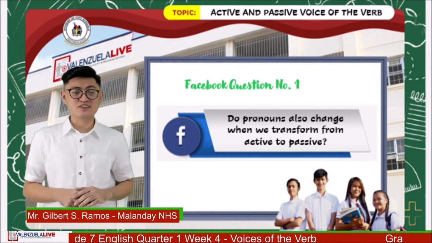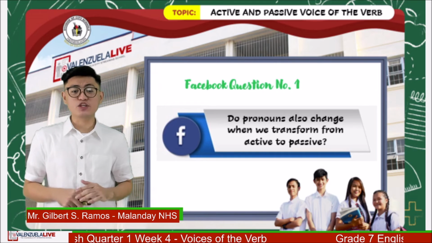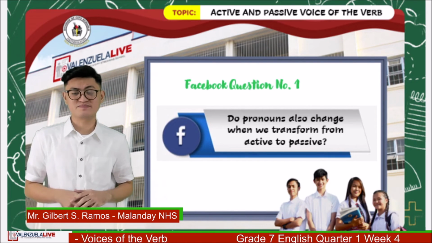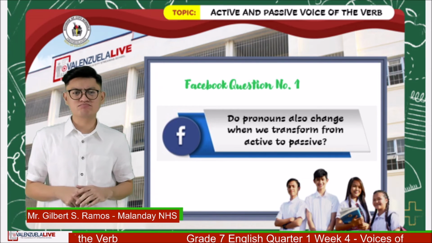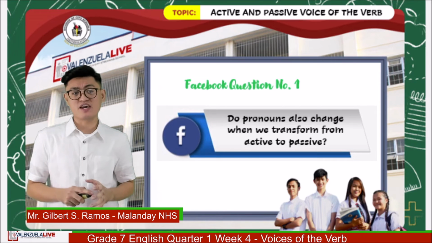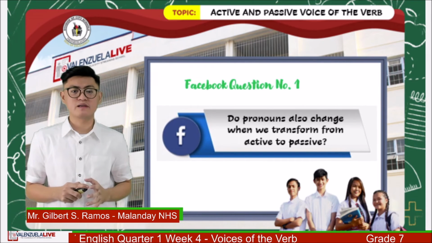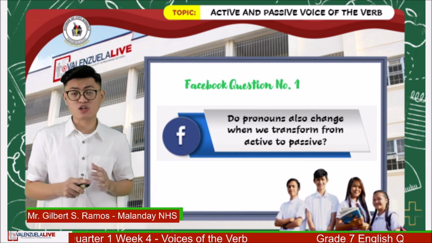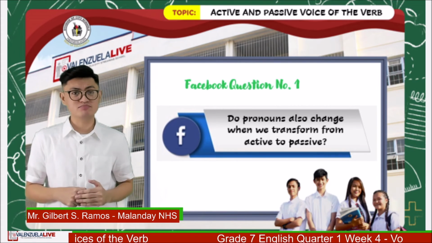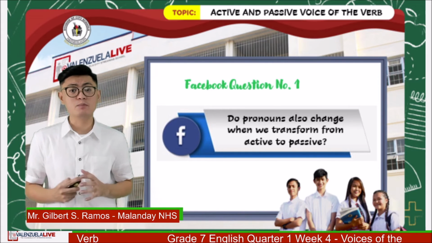That is a very good question. We do not use the same pronoun when we transform the voice. Some pronouns can only be used as subjects while others as objects. For example, the pronoun I can only be used as a subject. If you want to make it an object, you have to use the pronoun me.